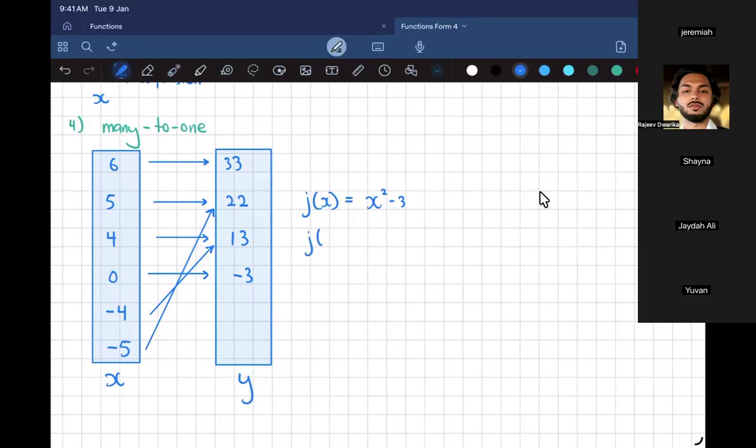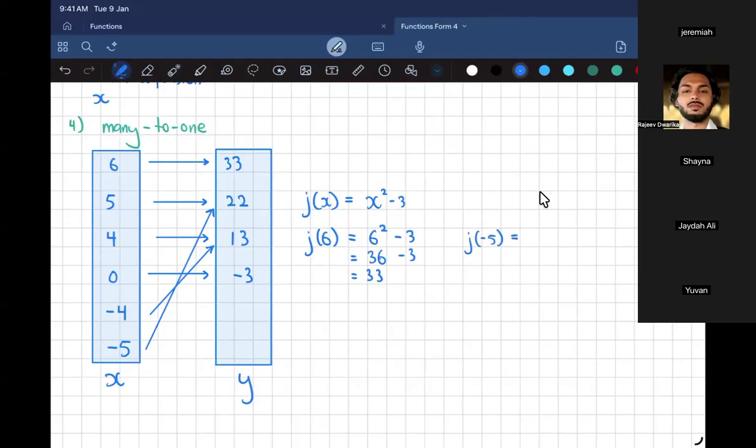If x is 6, I'm going to replace x with 6. So I'm going to write j of 6 as the way to say it. X is 6, so I'm going to replace the x with 6. 6 squared minus 3. What is 6 squared? 36. 36 minus 3 is? 33. Correct.